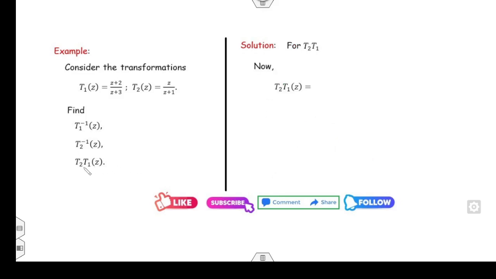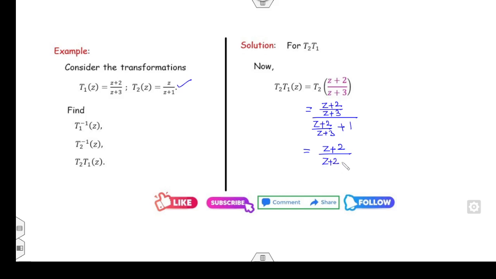Look at the last case, that's a composition. So we can start from this. What is the value of T1 of Z? Z plus 2 over Z plus 3. Fine. Now I can substitute the value into T2. So Z plus 2 divided by Z plus 3, over Z plus 2 over Z plus 3 plus 1. If you take the LCM, Z plus 3 will be cancelled out.